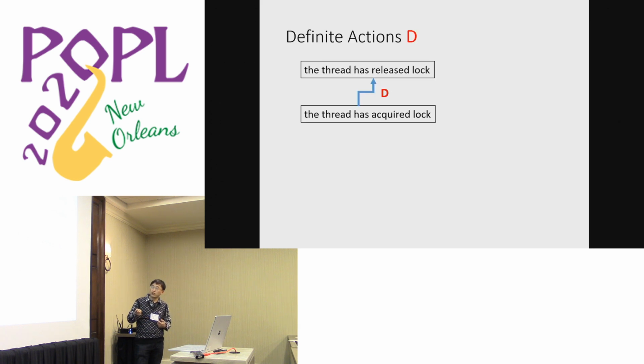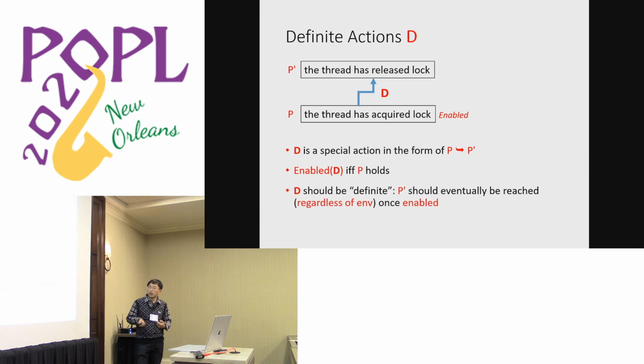And the definite action is formulated as a pair of assertions which says P leads to P prime. P is like the precondition, P prime is like the postcondition. Here in this example, it could be that P says the thread has acquired the lock. Then it guarantees that the thread will always release the lock. So, we say it is enabled when P holds.